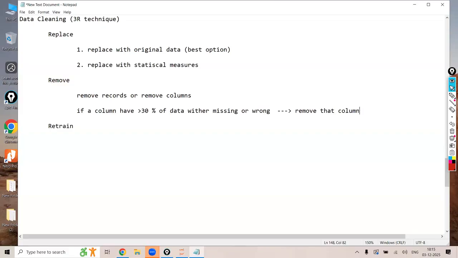If a column has more than 30% of the data as missing values or wrong data, then remove that column.